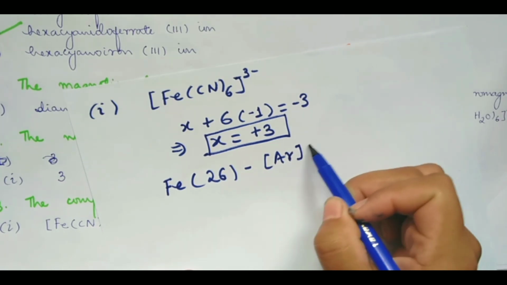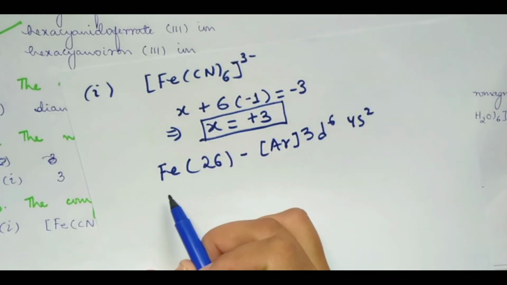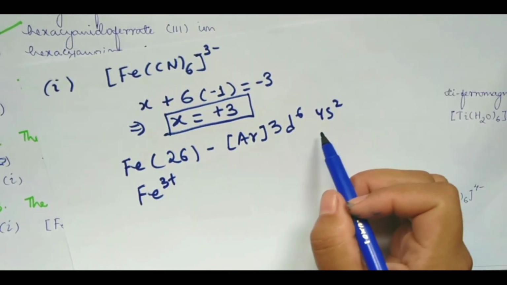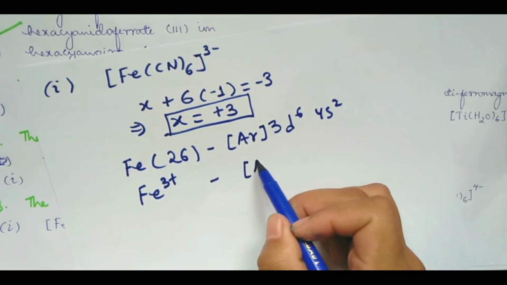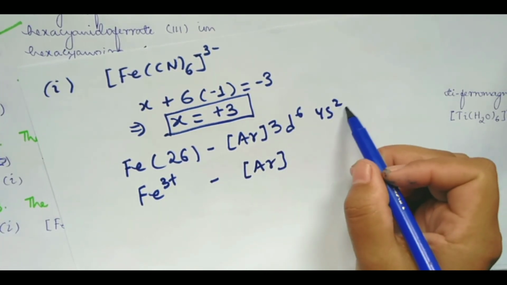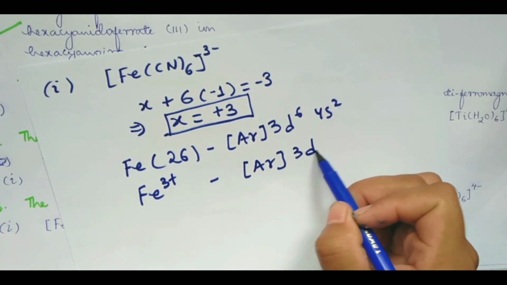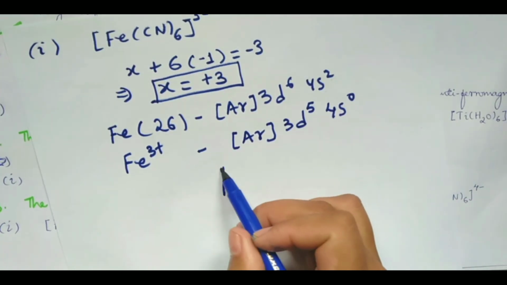Argon 3d6 4s2. Now in the plus 3 oxidation state, we mean that 3 electrons are lost. So 2 electrons are lost from the 4s and 1 from the 3d. Then we are left with 3d5, 4s0. Clear?